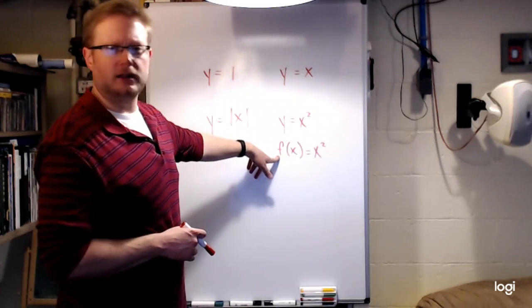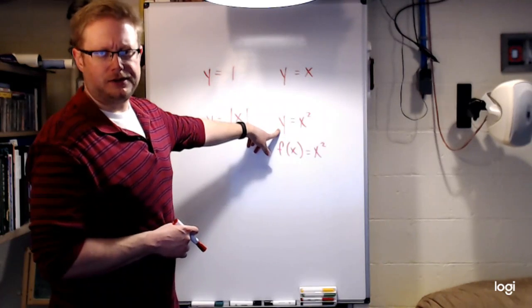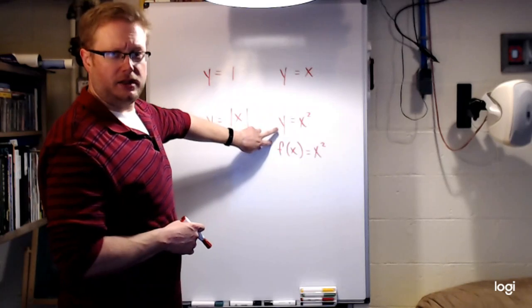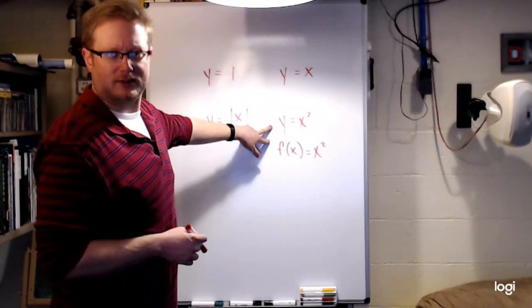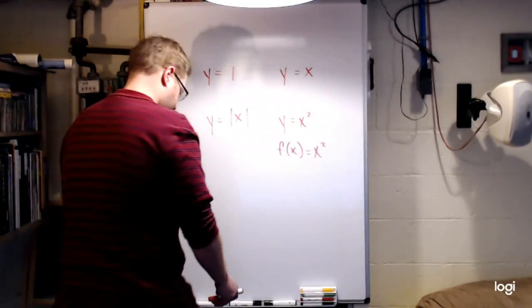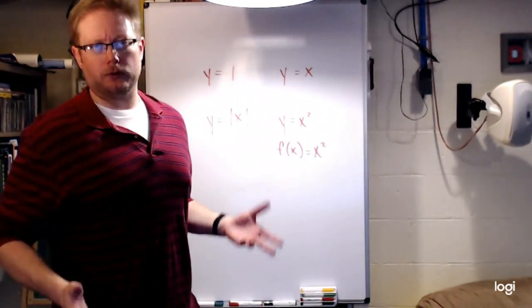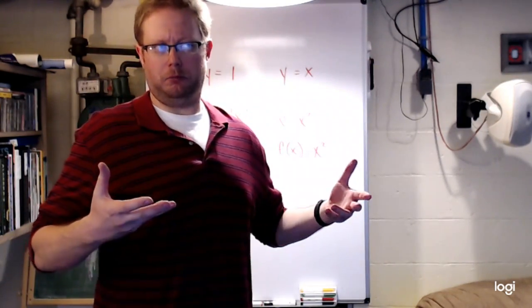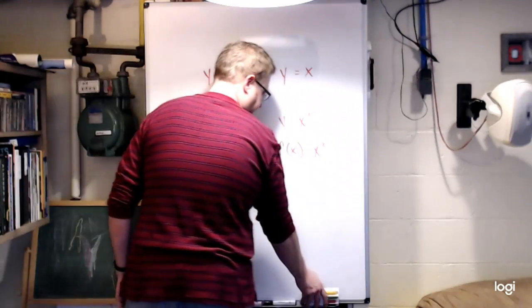This one is just telling you it's a function, where this one is not really telling you it's a function. You'd have to figure that out. So if you see me write either y or f of x, it's the same thing. These two are really what we're going to focus on in this chapter. That is the basis of a quadratic equation or a quadratic function.